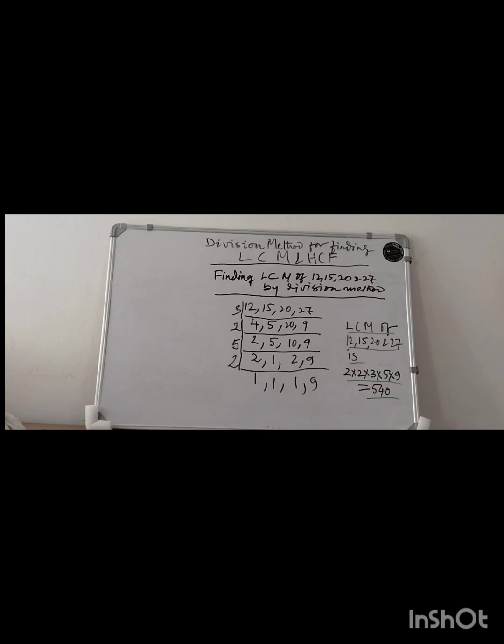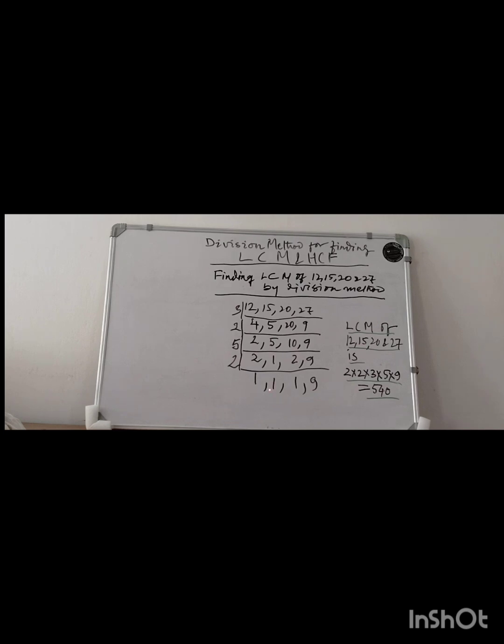Now 2 is the number by which you can divide this 2 and this 2. You get 1, 1, 1 and 9 as it is. Now multiply 2, 2, 3, 5 and 9, you get 540.